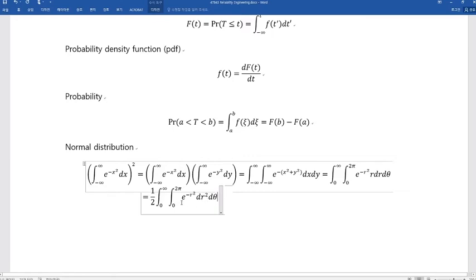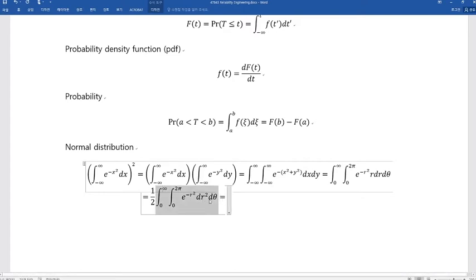So now with respect to r, it is the integration of exponential minus t from 0 to infinity. That will be the same as 1.